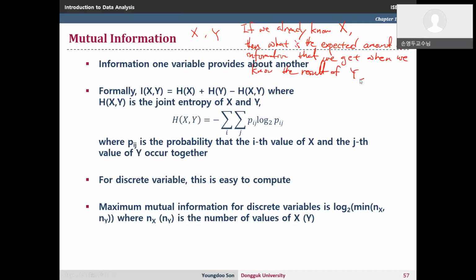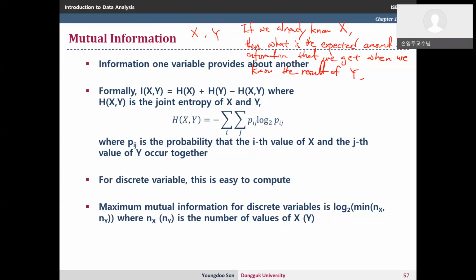And vice versa. The mutual information between x and y: let's consider that we already know the information from x. Then, if we get the result of y, how much information will we get from this y when we already know x?